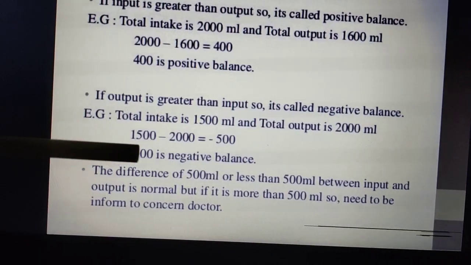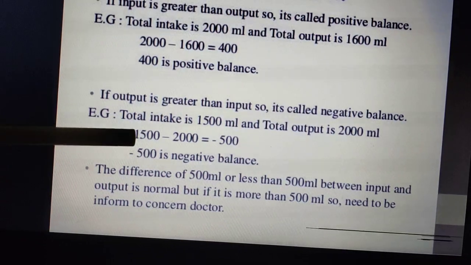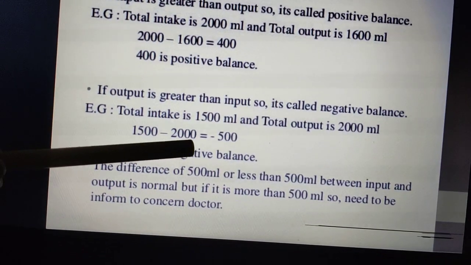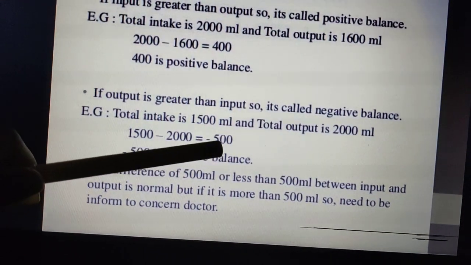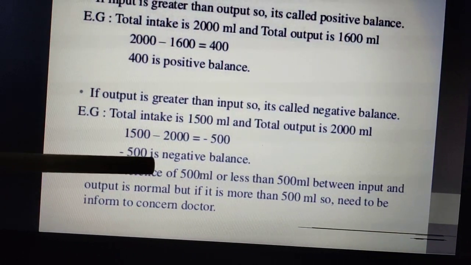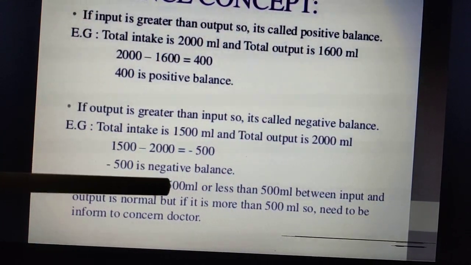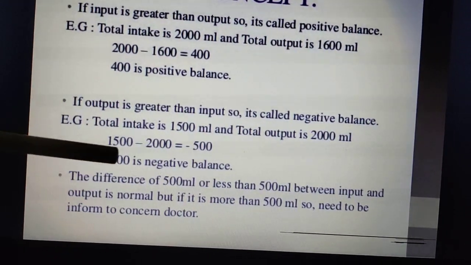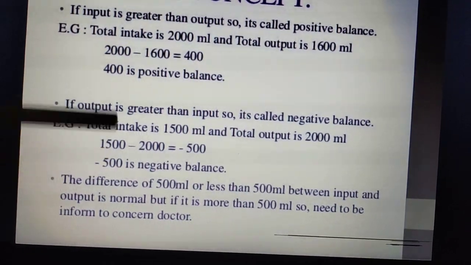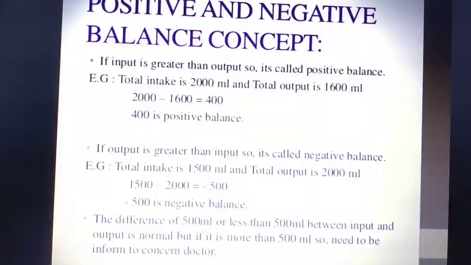Minus 500 is the answer, isn't it? If you subtract 1500 minus 2000, what is the value here? Minus 500 is a negative balance. Clear? It means the difference of 500 ml we are watching here, isn't it?